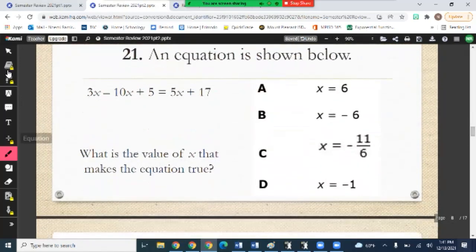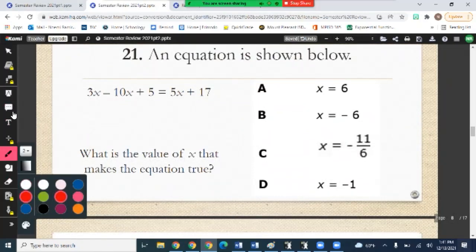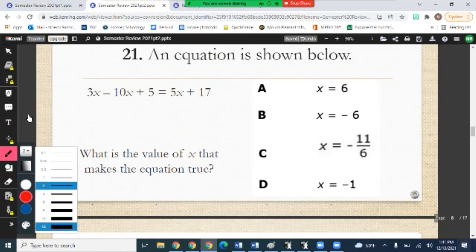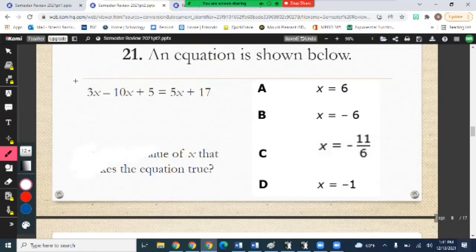Ridiculous. All right, an equation is shown below. Now it does give you a hint. What does it tell you to do? Solve for X, but you need to know how to recognize why you're solving for X in the first place. Look at that equation. How many different letters, how many different variables do you see?